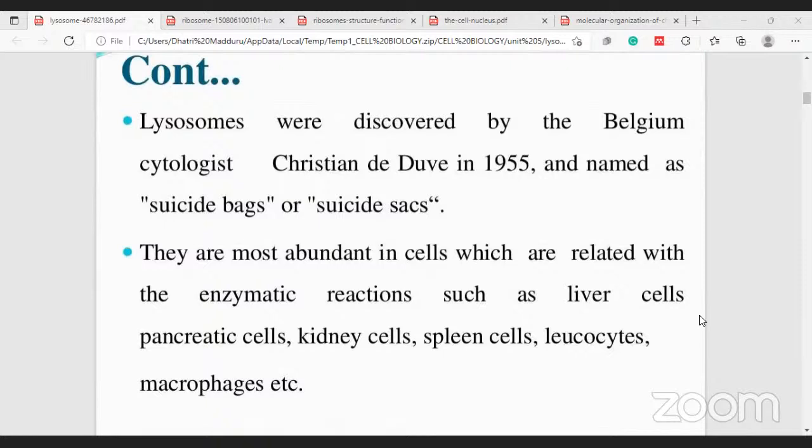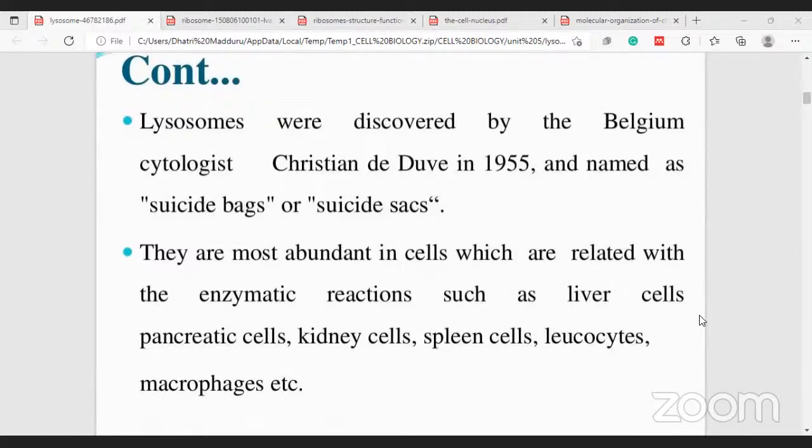If you remember from previous classes, during immune reactions, if a pathogen enters into the body, first of all phagocytic cells come and engulf this bacteria or pathogen.